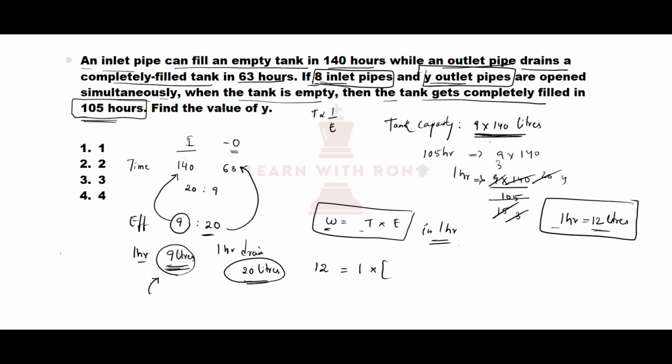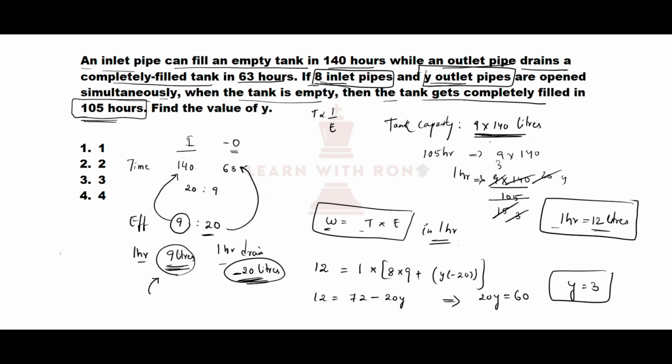There are 8 inlet pipes, so 8 into 9, plus one outlet pipe can drain 20 liters. There are Y outlets, so Y into minus 20. That's all. 12 is equal to 8 9s are 72 minus 20y, which implies 20y is equal to 72 minus 12, 60, so y is equal to 3. So the answer is option number 3.